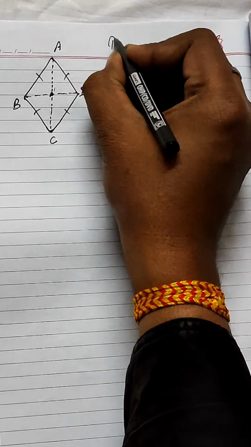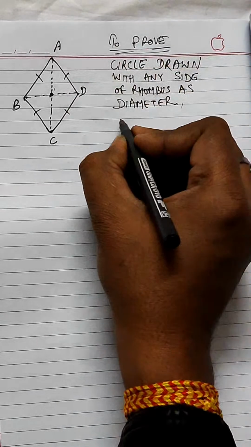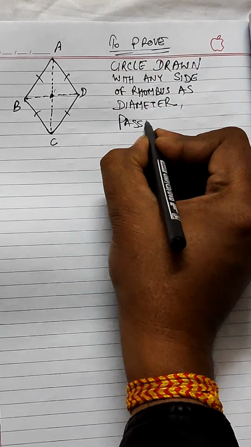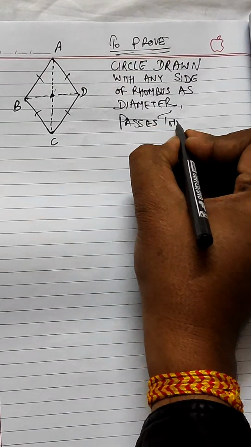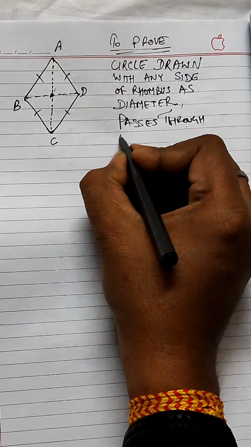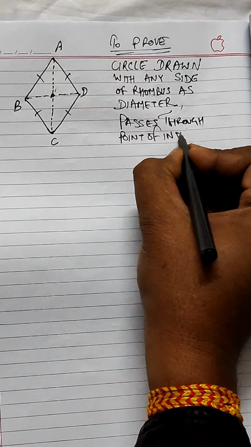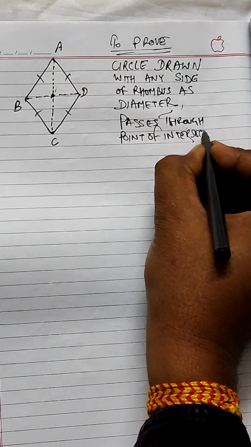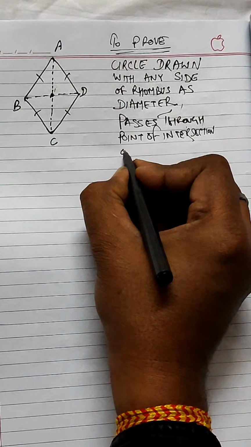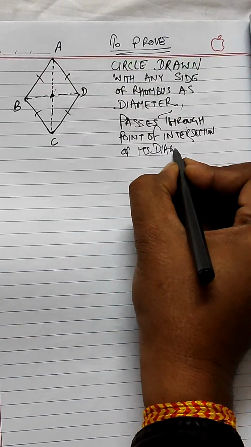This is to prove: passes through the point of intersection of its diagonals.